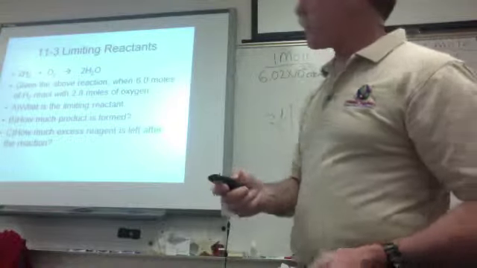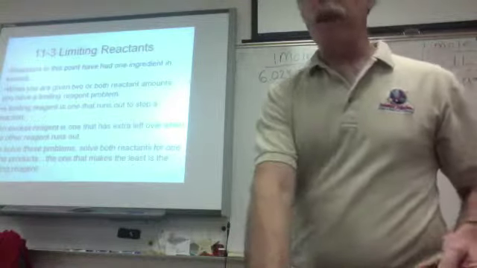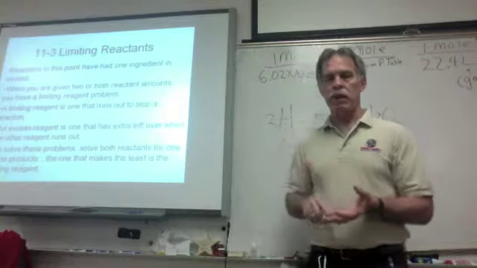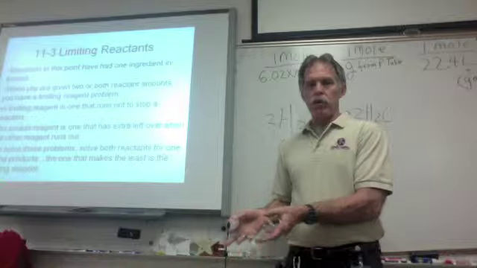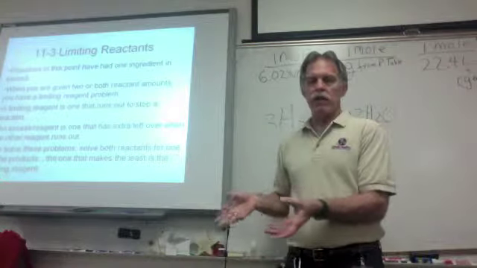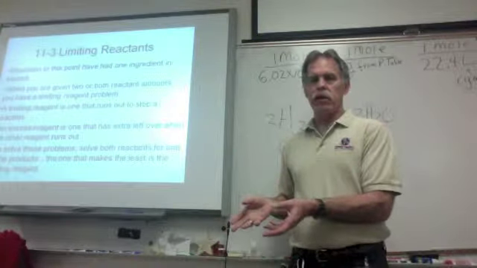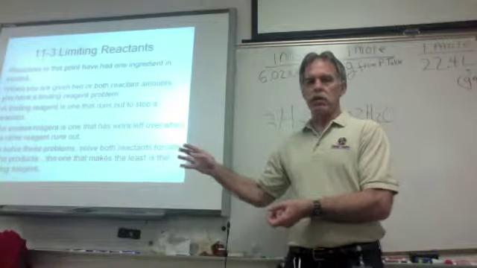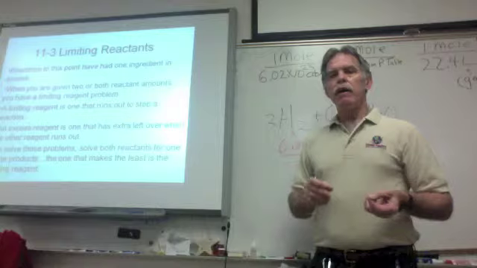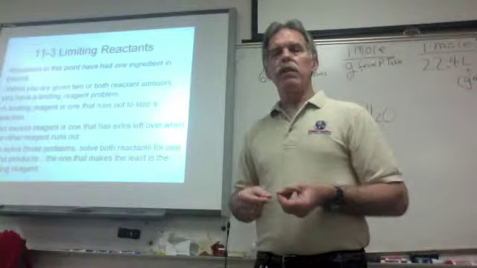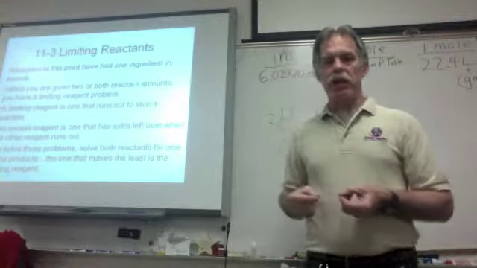One of them is limiting reactant. That's the part we run out of. In that example, with the 8 legs, we made 2 chairs and we're out. We can't make any more chairs, even though we have 1,000 of the plastic parts. The thing we run out of is the limiting reactant. The part we have extra is the excess reagent.